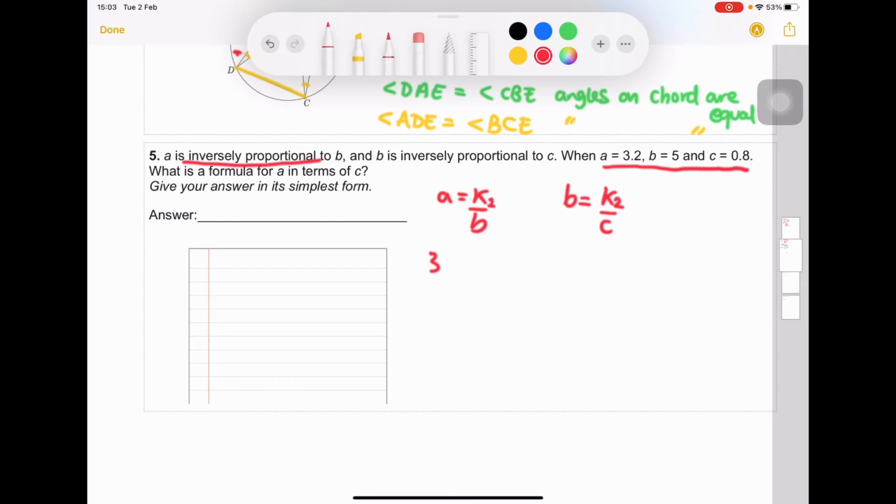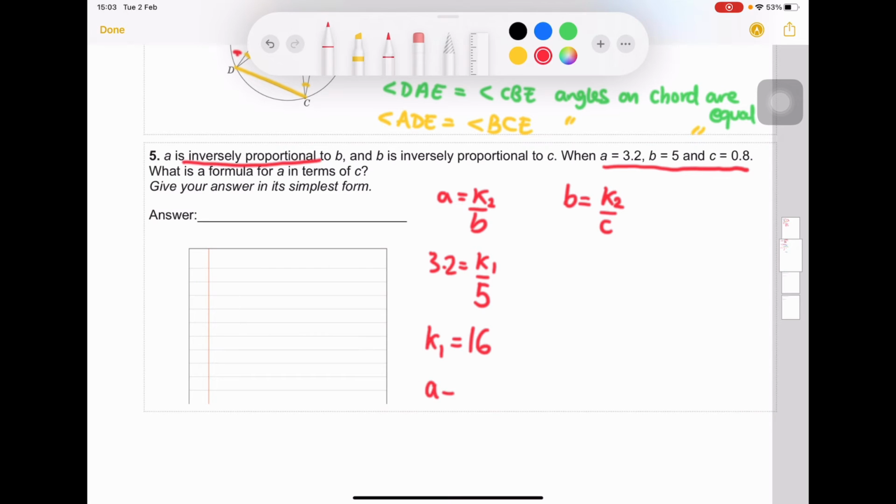So 3.2 equals K1 over B, which is 5. So K1 is 5 multiplied by 3.2, which is 16.